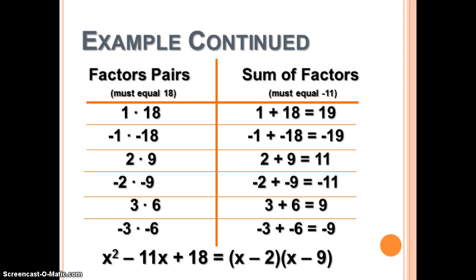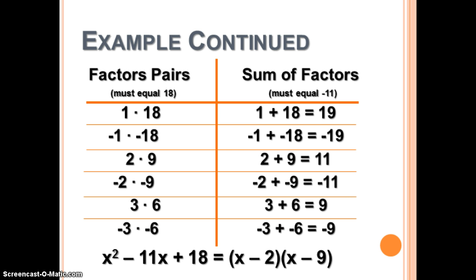Here we have the factor pairs listed, and then also a column of the sum of the two factors that we had. So 1 times 18 will give you 18, and when you add 1 plus 18 you get 19. We're looking for negative 11 here, so that's not our pair. Negative 1 times negative 18 also gives you 18.